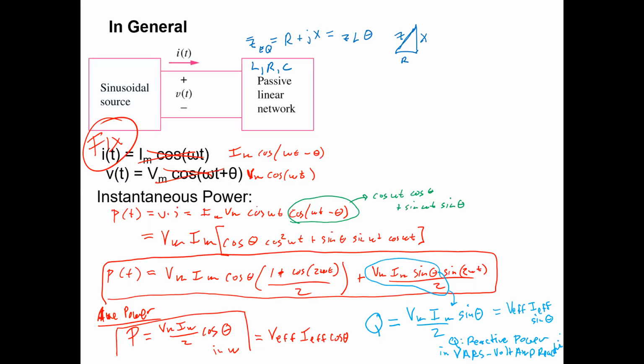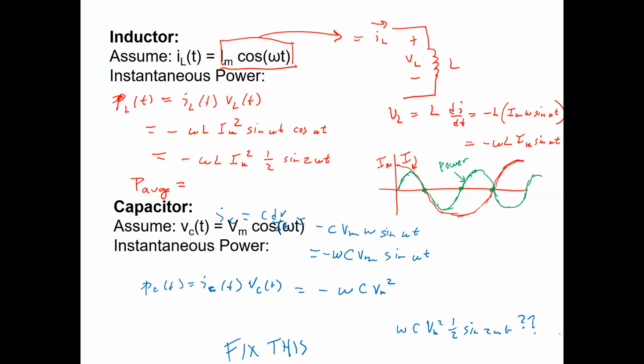I love that with a flourish, the screen just disappeared. Volt amp reactive. So we'll explain what that is later. But Q is sort of like the power that's being stored temporarily and then dumped back into the system. Because the L's and the C's don't actually absorb energy, they just store it and then throw it back into the system. You can see that back on this chart for the inductor, that green sine wave.